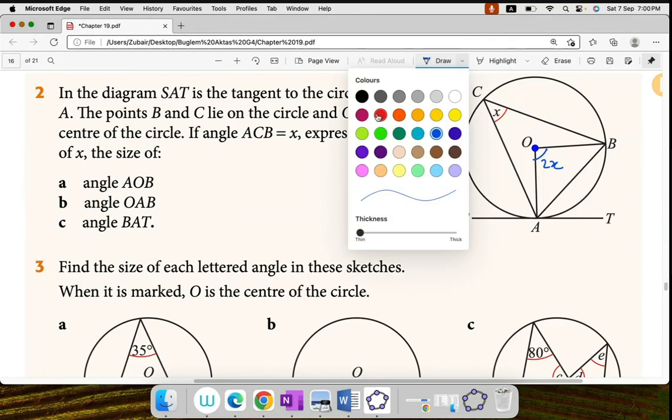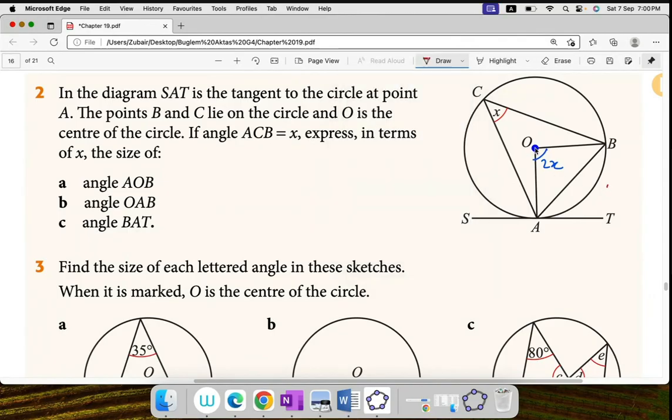OAT is completely 90, but for OAB, just use this triangle. So it would just be 180 minus 2x, divided by 2. Oh, 180 minus 2x divided by 2, yes. That is 90 minus x. Angle BAT.